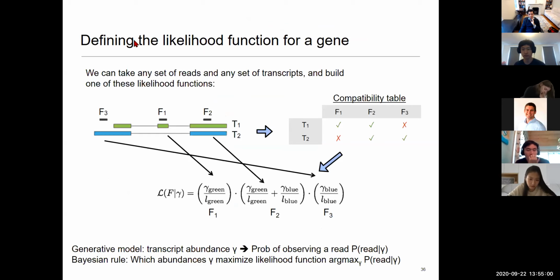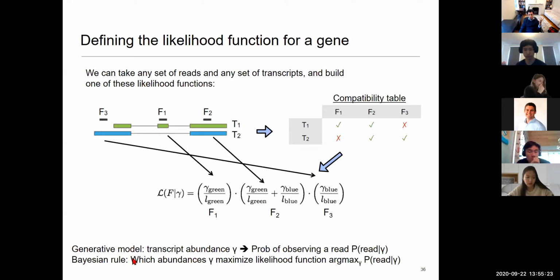So you can basically have a likelihood function for every gene where you can take any set of reads and any set of transcripts and build a likelihood function that basically tells you what is the probability of observing a particular number of reads, or a given read, given the transcript abundance.